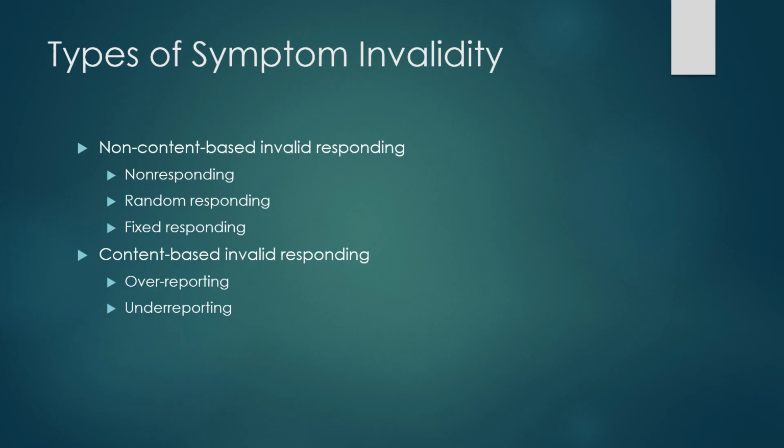Content-based invalid responding includes over-reporting and under-reporting. Over-reporting is when respondents convey more dysfunction or more serious dysfunction than they actually experience. While under-reporting is the opposite. The participants or the patients will deny or minimize psychological difficulties.